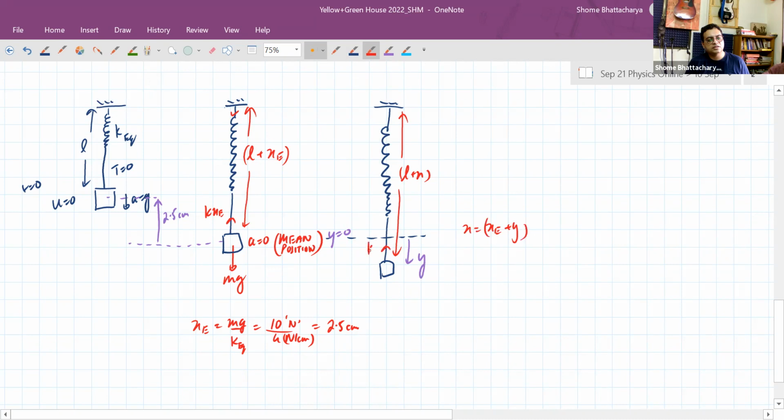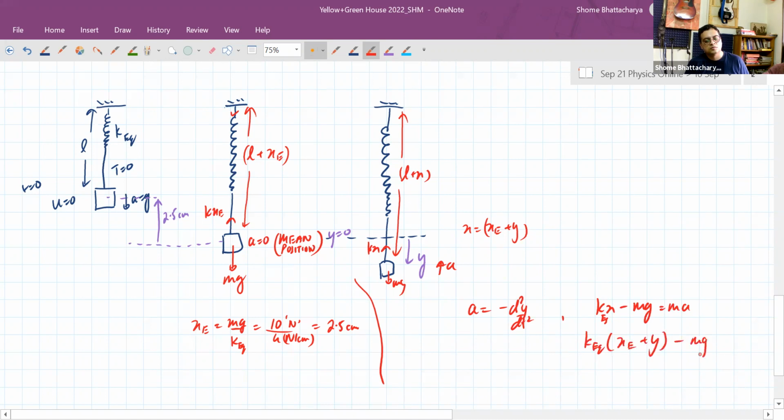So you can see that kx will dominate over mg. It will have an upward acceleration a. If you connect this equation with this equation, you get the SHM equation.